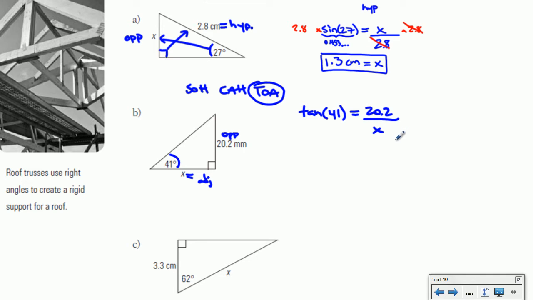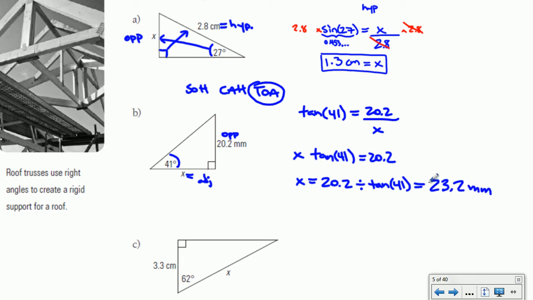We need to get x on its own and upstairs, so multiply both sides by x. So this would be x tan 41 equals 20.2, and then divide both sides by tan of 41, so 20.2 divided by regular tan of 41, not tan inverse. So we get 23.2 millimeters for x.